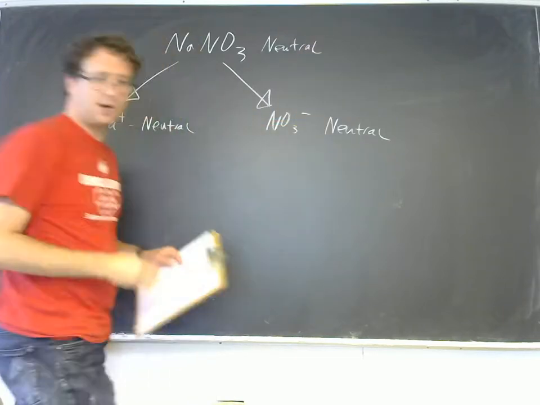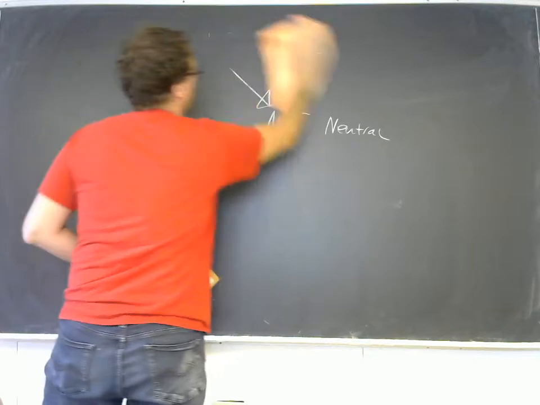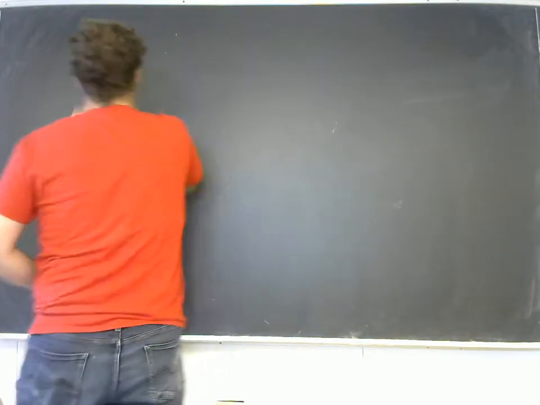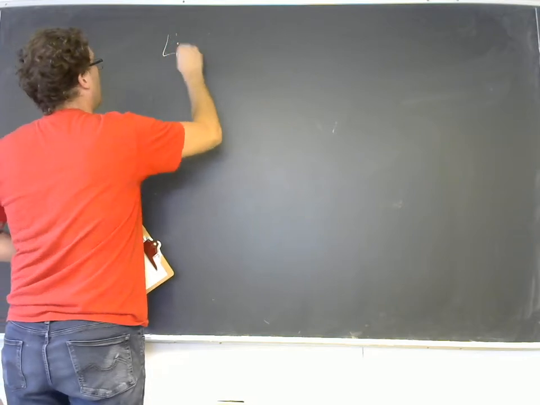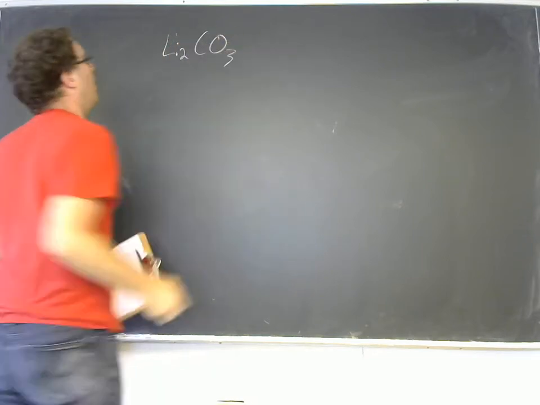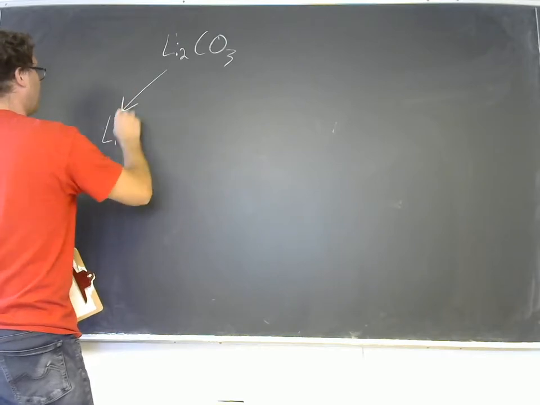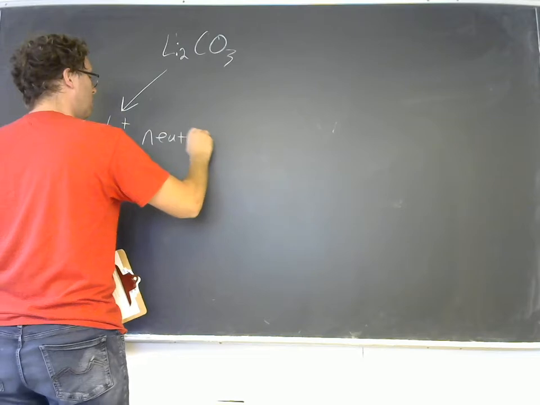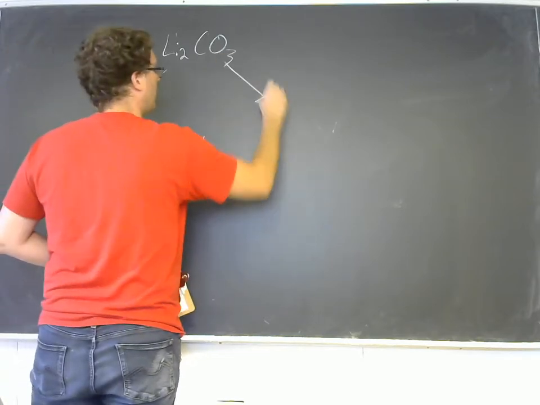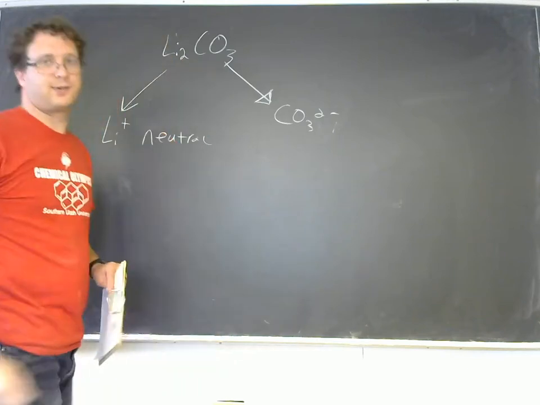Okay, and we saw ammonium chloride that was acidic overall. Now let's look at something that might be basic. So, lithium carbonate. Here we have the Li+, that is neutral. And here we have CO3 2-. And CO3 2- is a base.